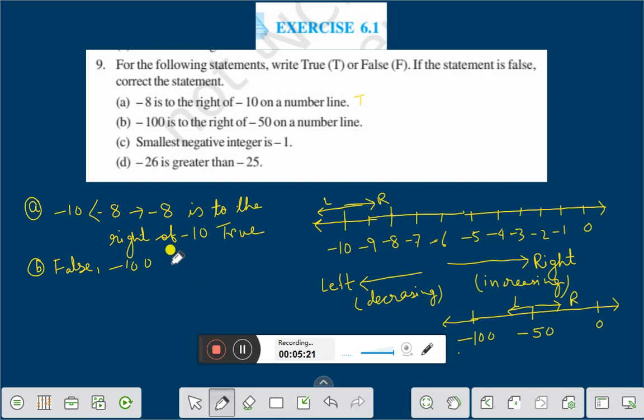Minus 100 is to the left of minus 50 on a number line.